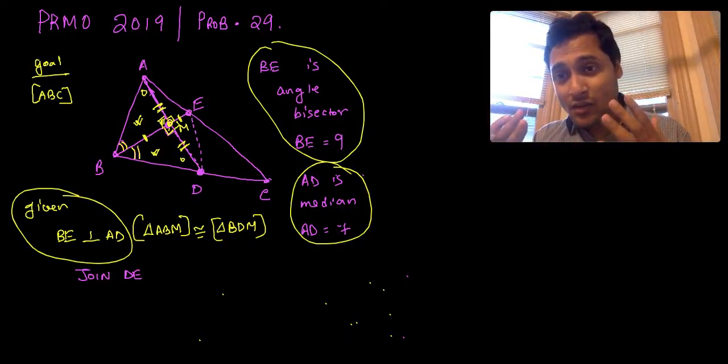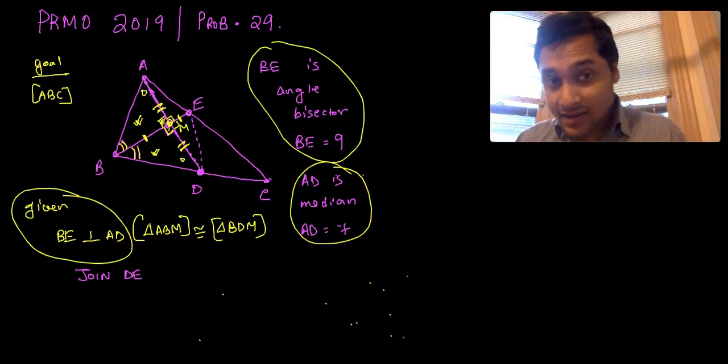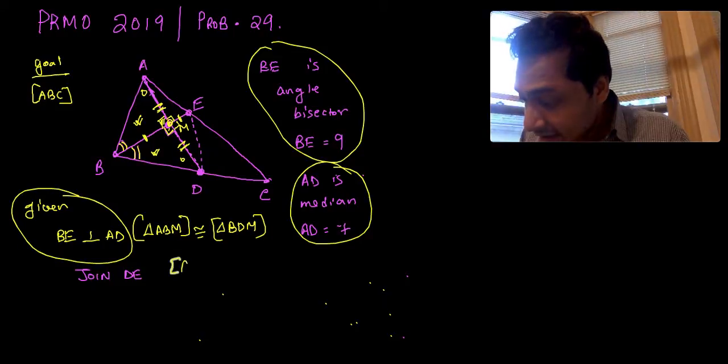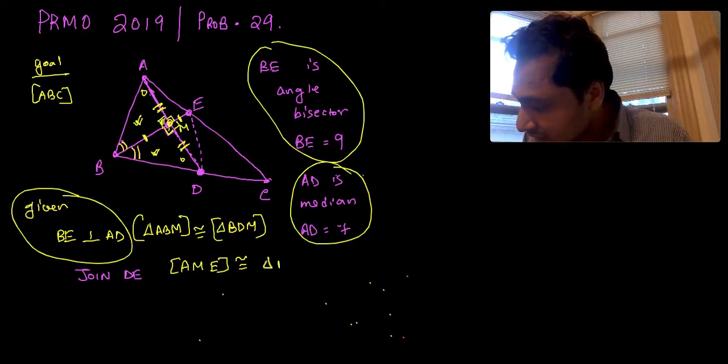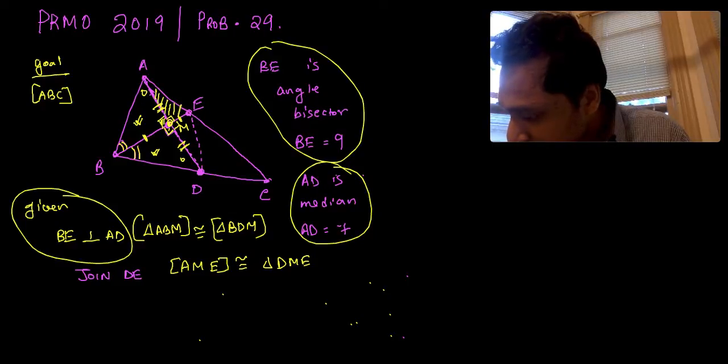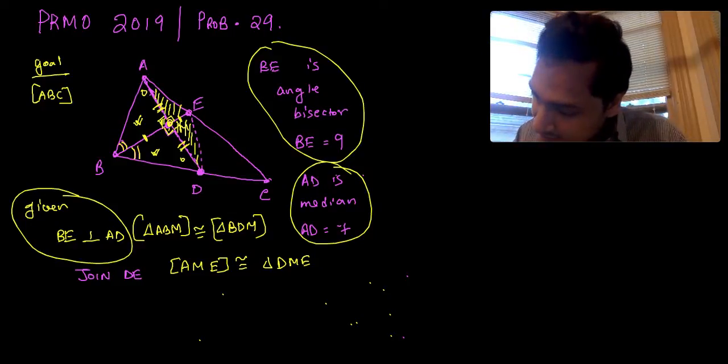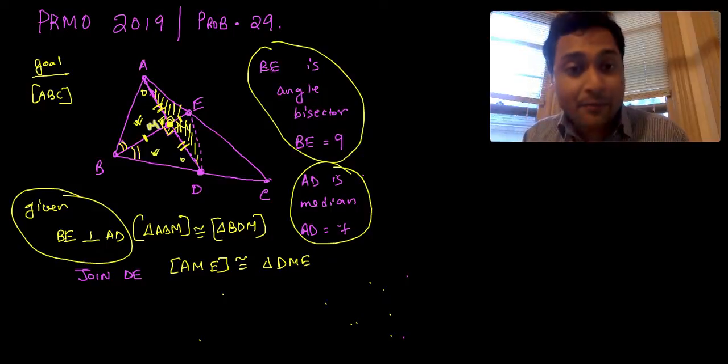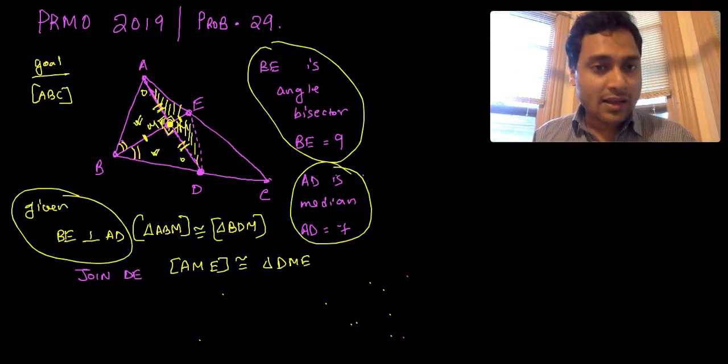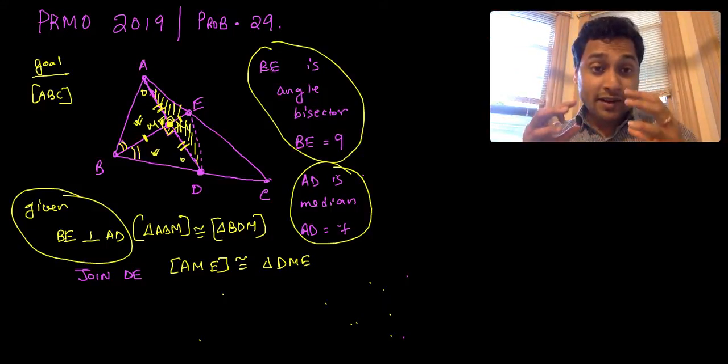So again, we have triangle AME being congruent to DME. Maybe I can shade the two triangles and you can easily see. So those two triangles are congruent.